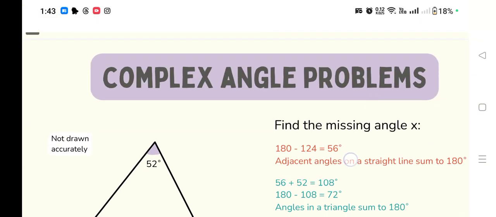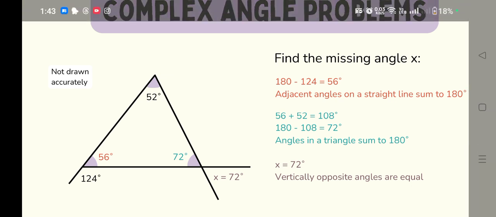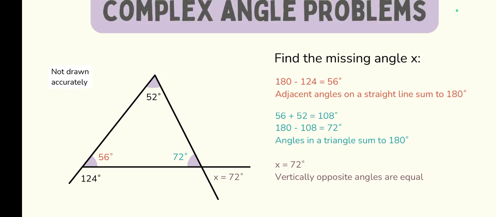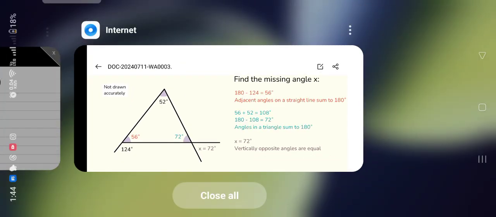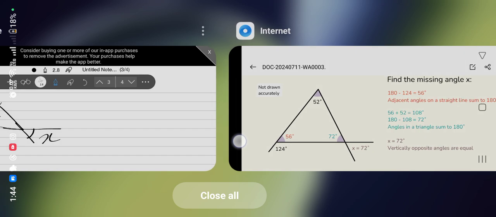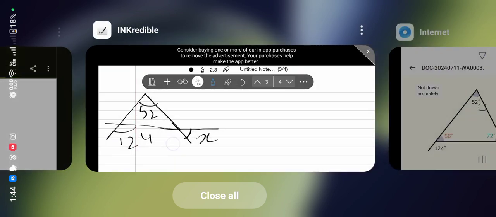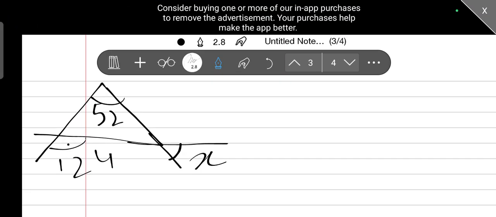So let's solve. See, first what you can do: 124 is one angle that is given here. So 180 minus 124, we have studied that. Let's solve here. See, here this angle is 124. Now this angle, if you take it as y, then y plus 124 will always be equal to 180 degrees.